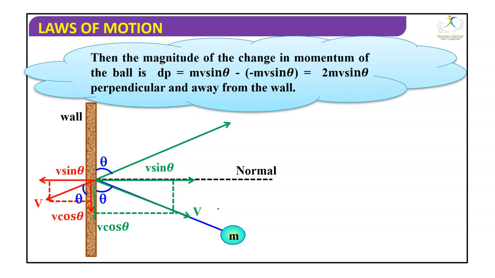In the previous case we took mv cos alpha, but here the angle is with the wall, so the magnitude of the change in momentum dp is mv sin theta minus (minus mv sin theta), which comes to 2mv sin theta, perpendicular, away from the wall.